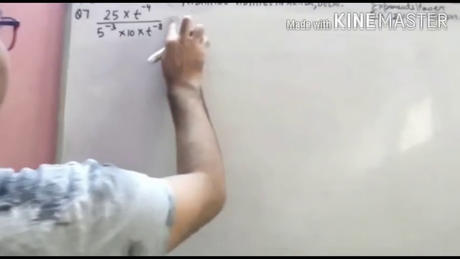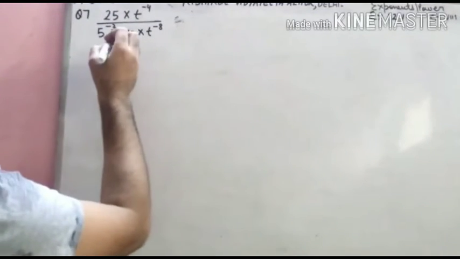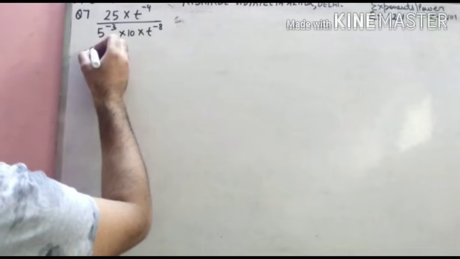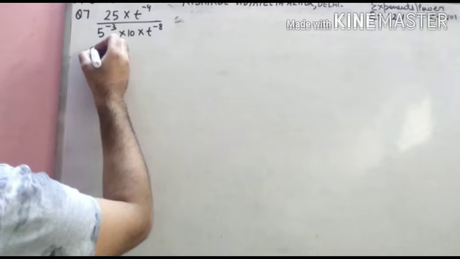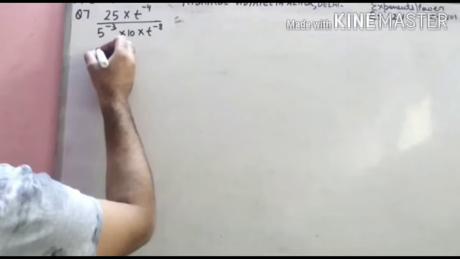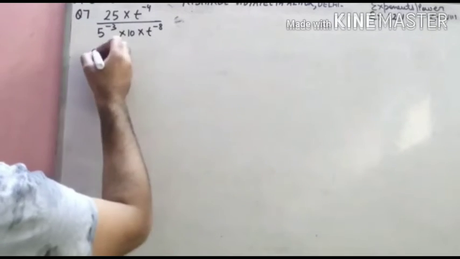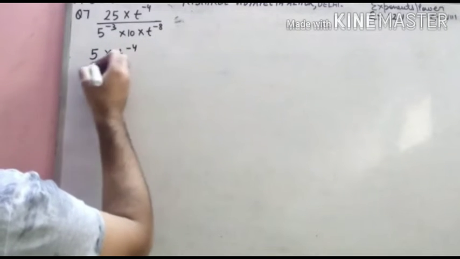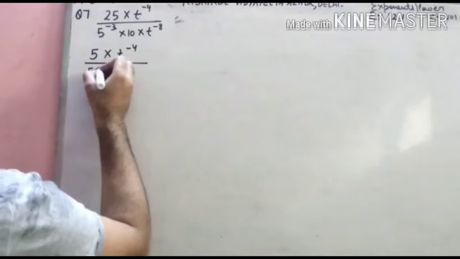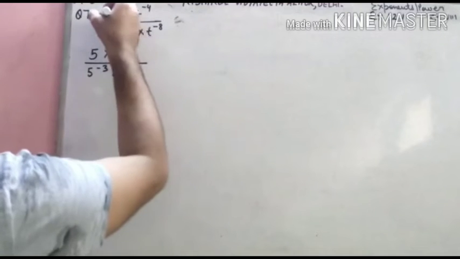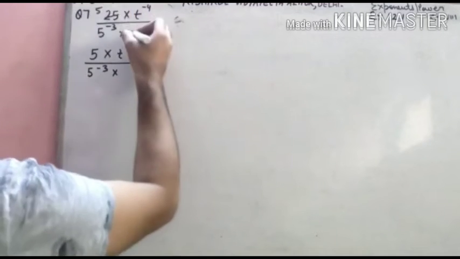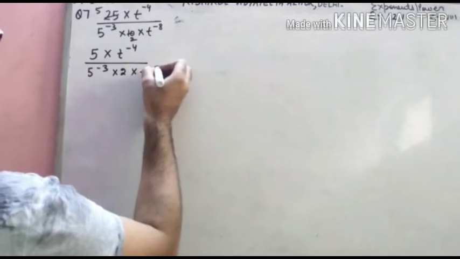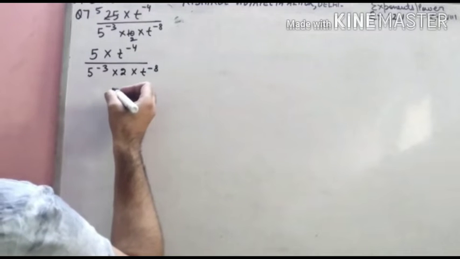Now how can we solve it? This 25 can be written as 5 into 5, t raised to power minus 4, over 5 raised to power minus 3 into 5 into 2, t raised to power minus 8. The 5 cancels, and the result is 2 into t raised to power minus 8.